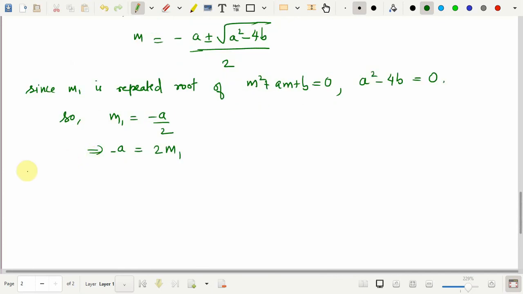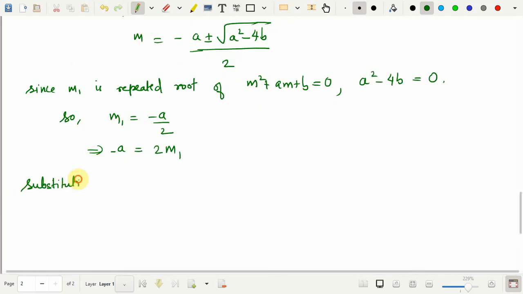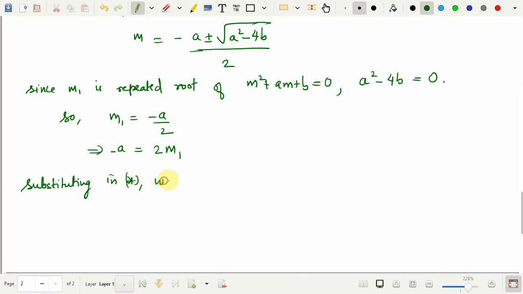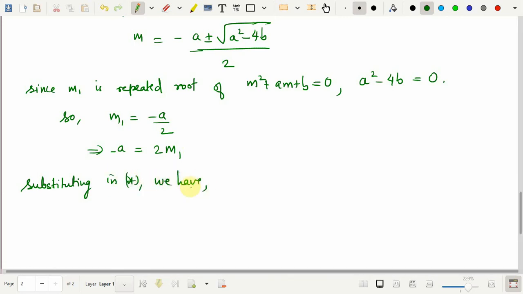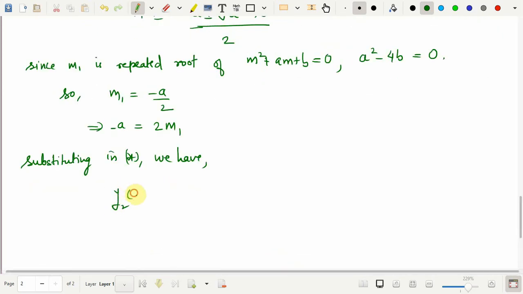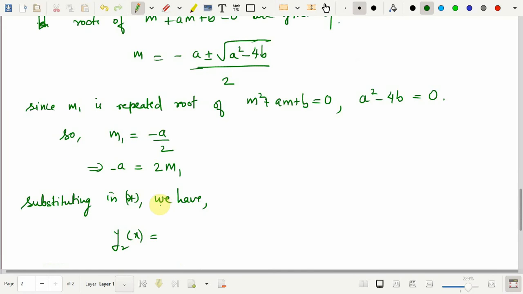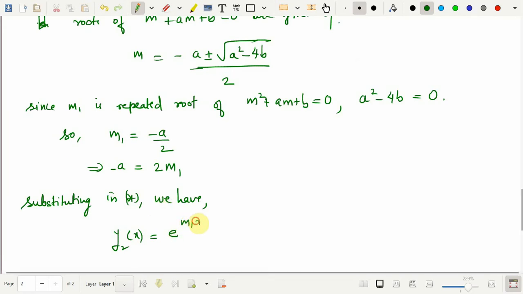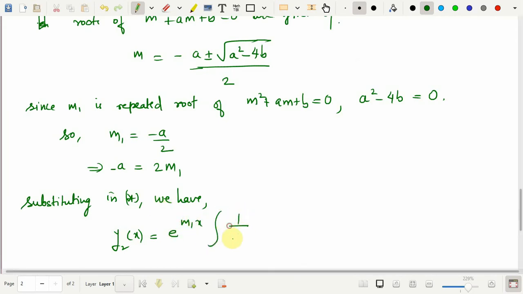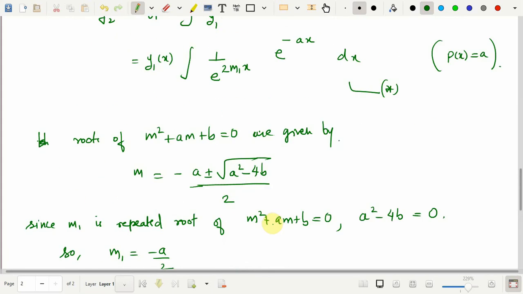Substituting this in star, we have y2 of x is equal to y1, where y1 is nothing but e raised to m1x, times the integral of 1 by e raised to 2m1x, times e raised to minus ax.